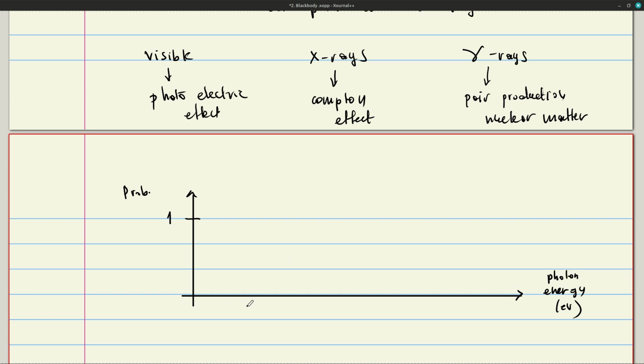And because it's nicer to draw, let's start from a logarithmic scale. This is 0.01, this is 0.1, this is 1, this is 10, and this is 100.